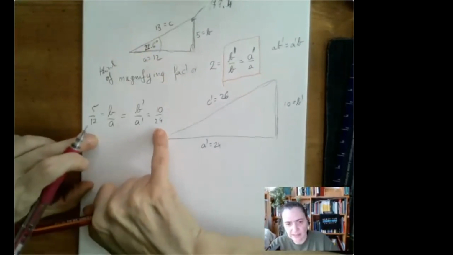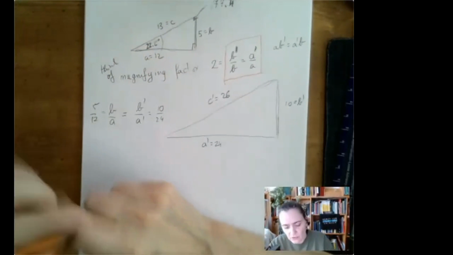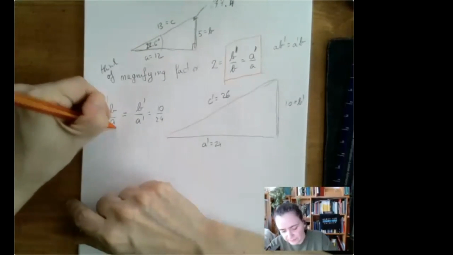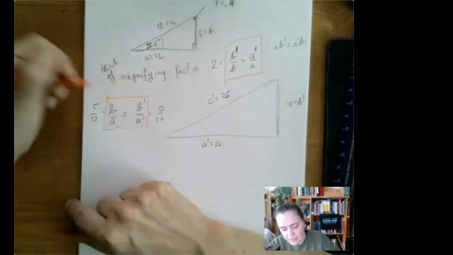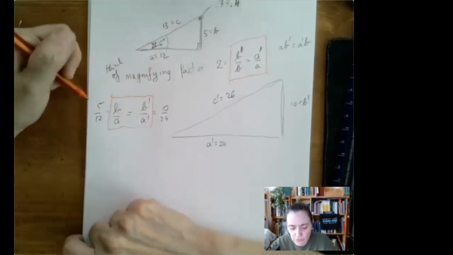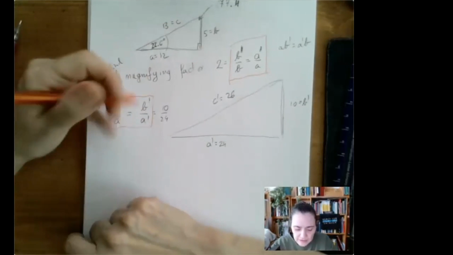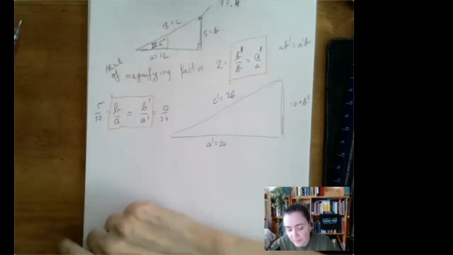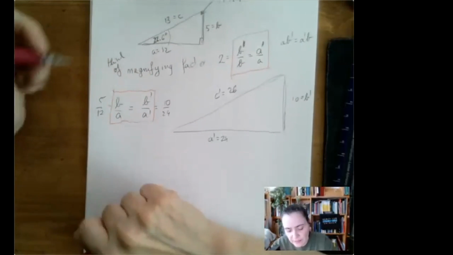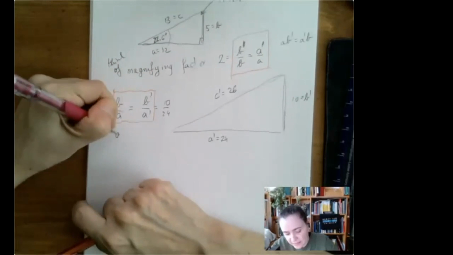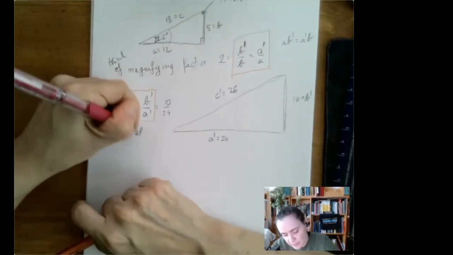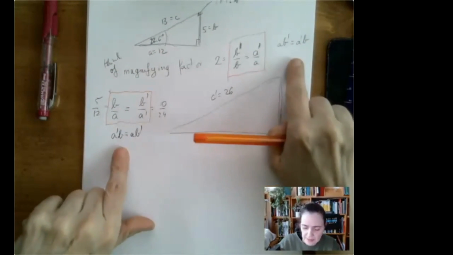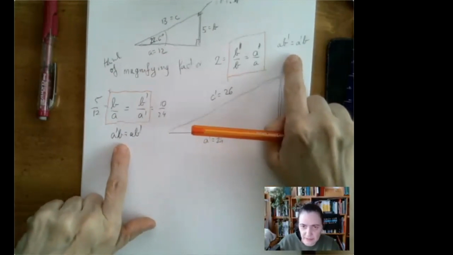And you see these two are the same. So that's a little bit different. You take one fraction of two sides, and that ratio has to be preserved. But if we cross multiply, or multiply both sides by A prime, we get A prime B equals AB prime, which is the same thing we had here, you see?